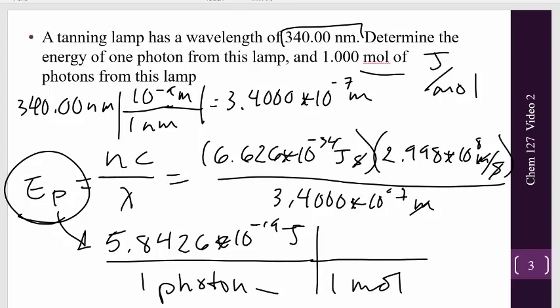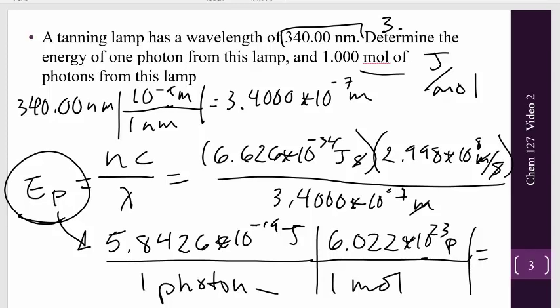We know that for every mole, there's going to be Avogadro's number of particles, and we can apply that to photons too. So 6.022 times 10 to the 23rd photons are in 1 mole. And I might write at the very top, I'm running out of room, that we have 3.5184 times 10 to the 5th joules per mole.